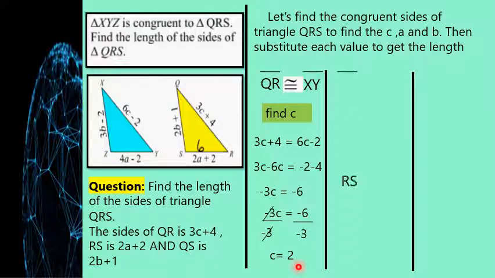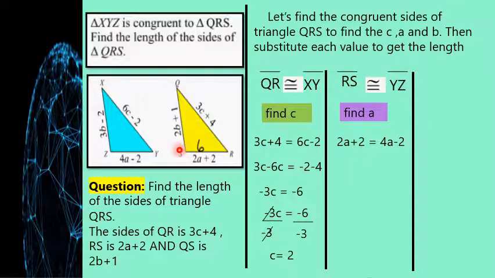Now let's have another one. Line segment RS is congruent to line segment YZ. We're going to find A. So 2A plus 2, where do you get the RS? The 2A plus 2 is here. This one is RS. Therefore, YZ is this one, 4A minus 2. Now, same procedure.